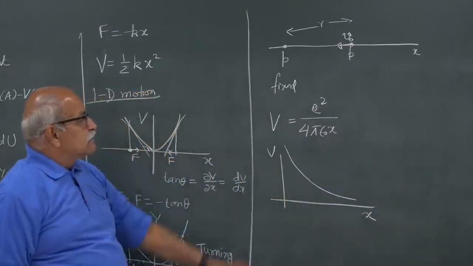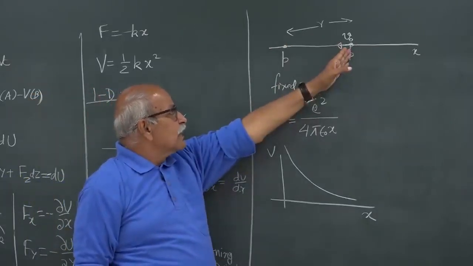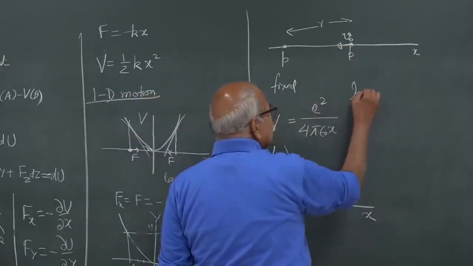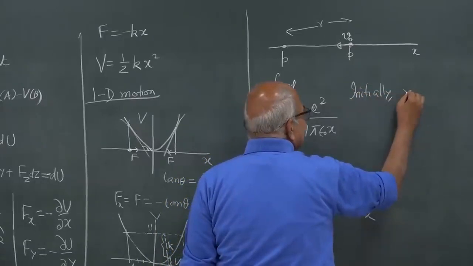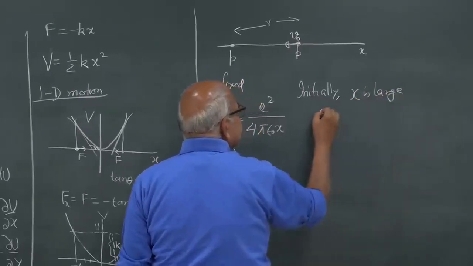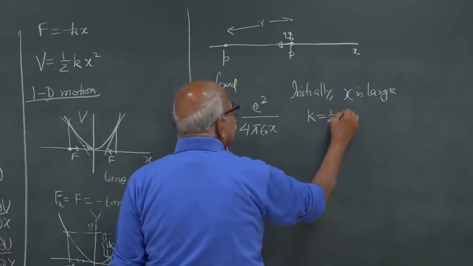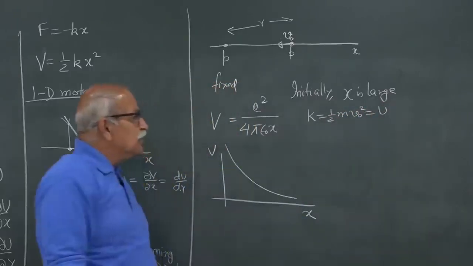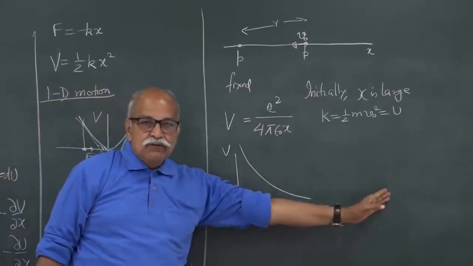Initially it is at a large distance, and then the speed is v naught. So, initially, at t equal to 0, x is very large, and the kinetic energy K is half m v naught square, and this is also the total energy, because for large x the potential energy is tending towards 0.